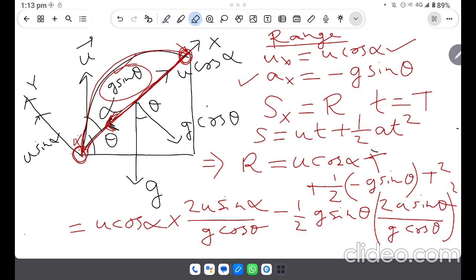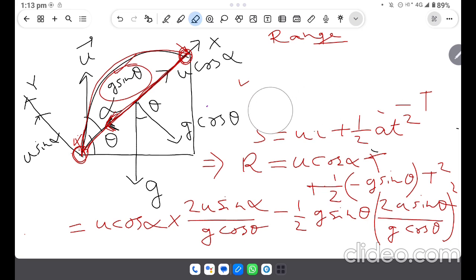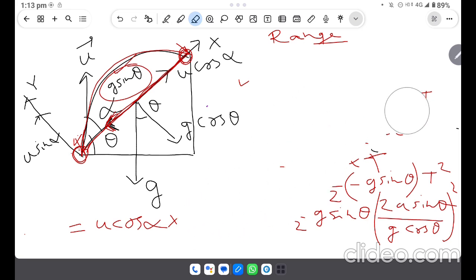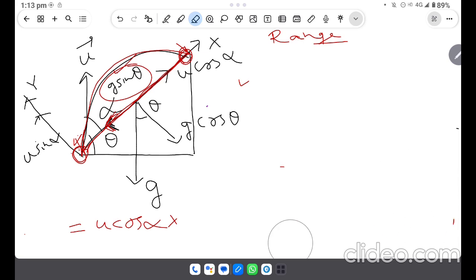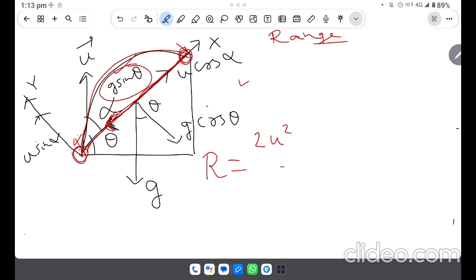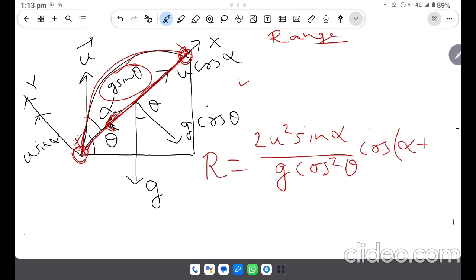So ultimately, after the long calculation, we finally get the value of R, which is 2u square sin alpha divided by g cos square theta, multiplied by cos of (alpha plus theta).